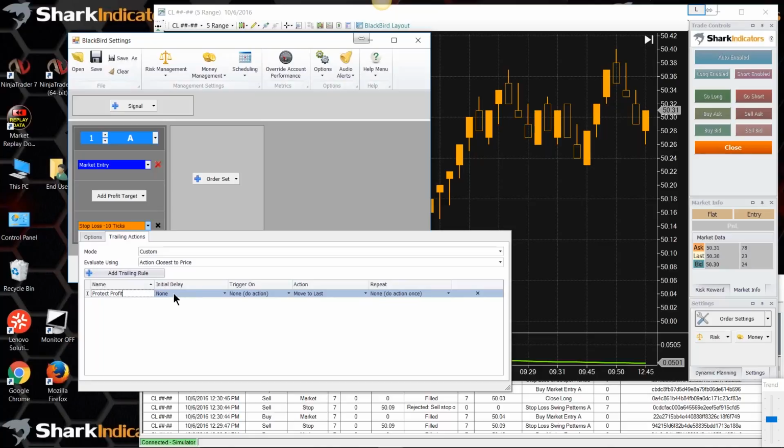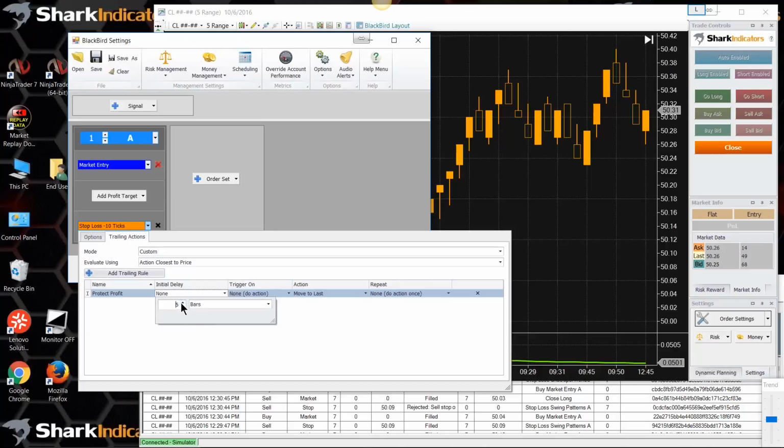The key here is the initial delay. You can see the first option that comes up in the initial delay is ticks in direction. There are all kinds of delays here that we could use. You could count the number of bars as a delay.